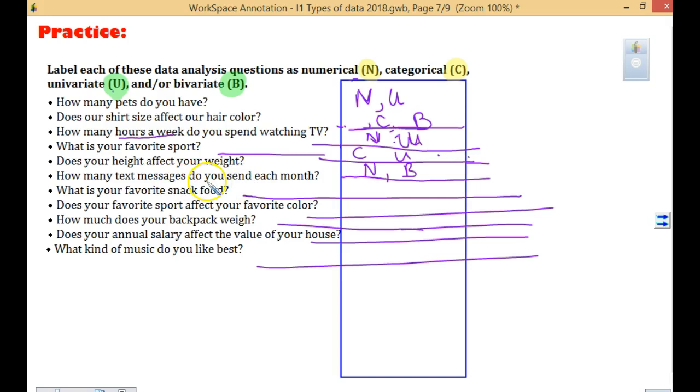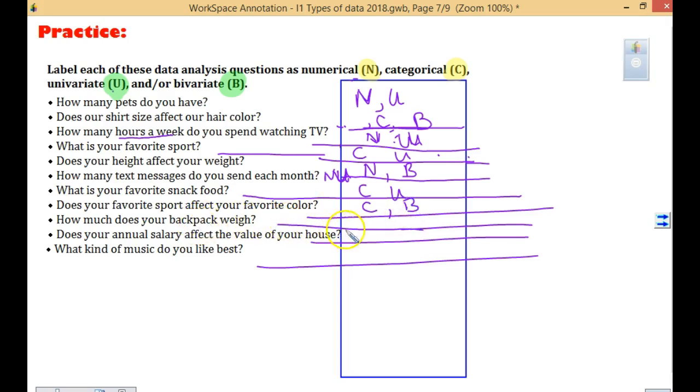How many text messages each month do you send? That would be numeric, right? And it should be univariate, right? One variable. Favorite snack food? Category, one variable, U. Favorite sport affects your favorite colors. Sport and color are categories. It's not a number, and it would be bivariate.